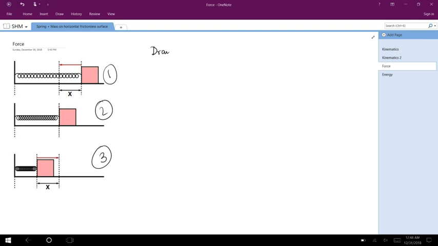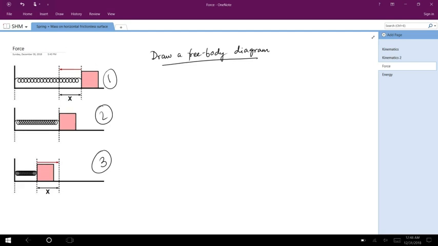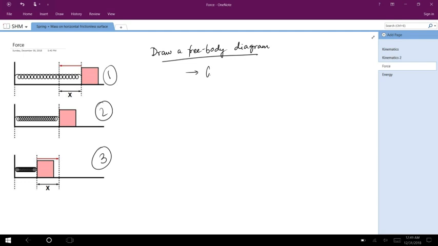The forces that are acting are, first, gravity, number 2, normal force, and number 3, the spring force or spring tension.